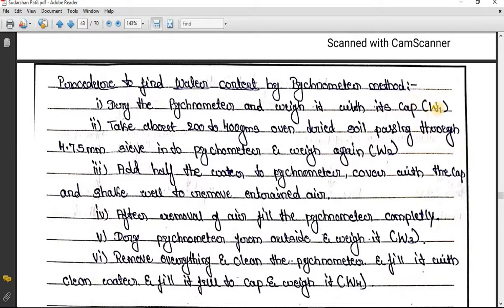The empty weight is W1. We fill 200 to 400 grams of oven dried soil and weigh the pycnometer, and we consider it as W2.